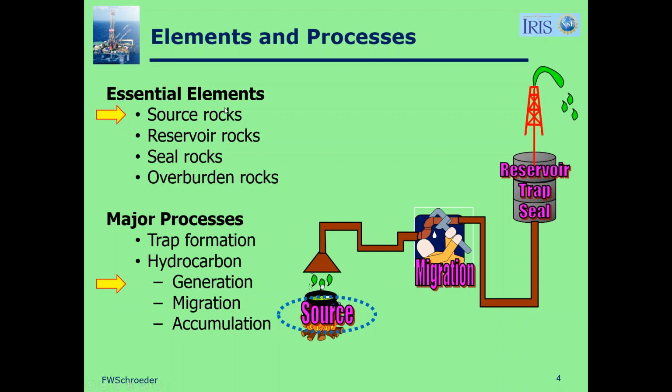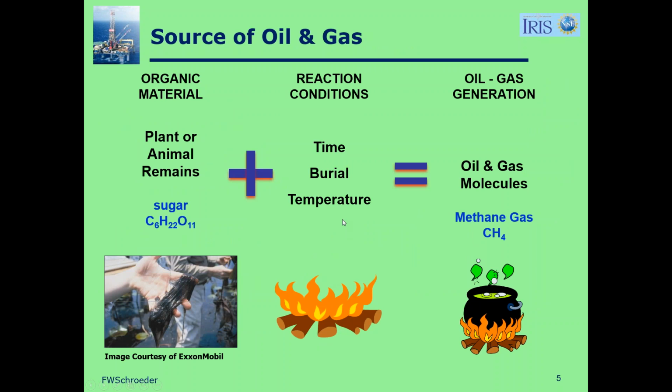And so what we're focusing in on today are source rocks and hydrocarbon generation. The exercise, if you do exercise number 4, and I'll introduce that at the end of my prepared statement, gets into the hydrocarbon migration process.